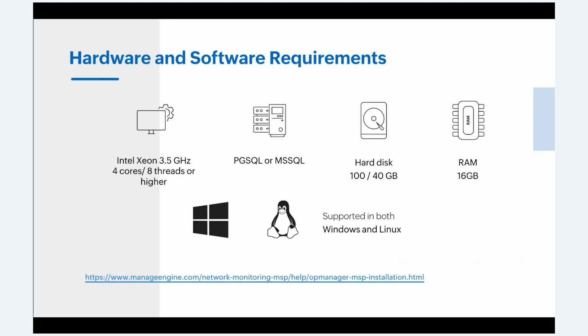OpManager MSP can be installed on both Windows and Linux operating systems. These system requirements are the minimum requirements for the specified number of devices. The sizing requirements may vary, and you can visit the link provided at the bottom of the slide for more information on the requirements. The presentation PPT will be sent to you via email as we discussed earlier.